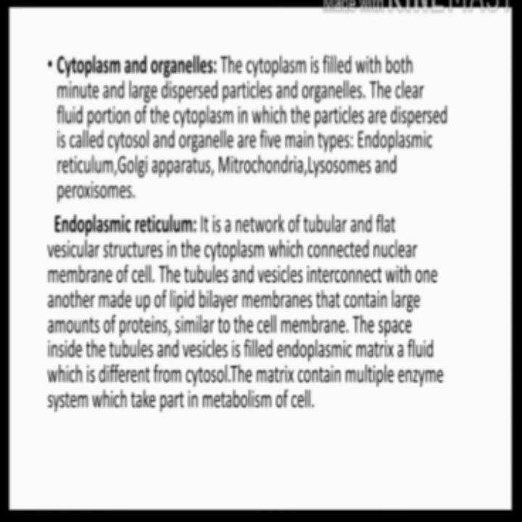Endoplasmic reticulum is a network of tubular and flat vesicular structures in the cytoplasm which extends from the nuclear membrane to the plasma membrane all around the nucleus, connected to the nuclear membrane. The tubules and vesicles are interconnected with one another, and its composition is the same as the plasma membrane, a lipid bilayer, and it also contains a large amount of protein.